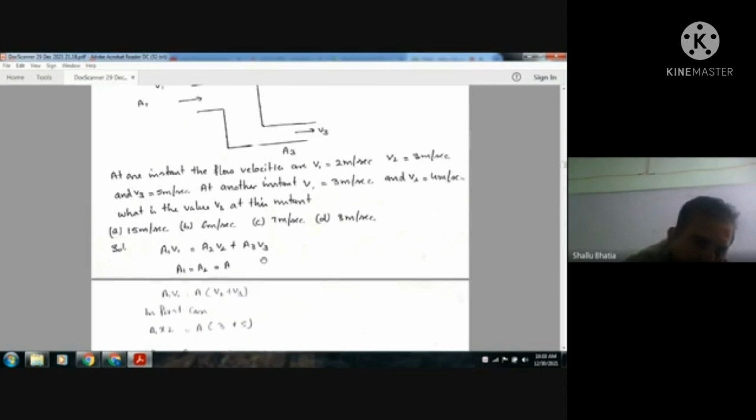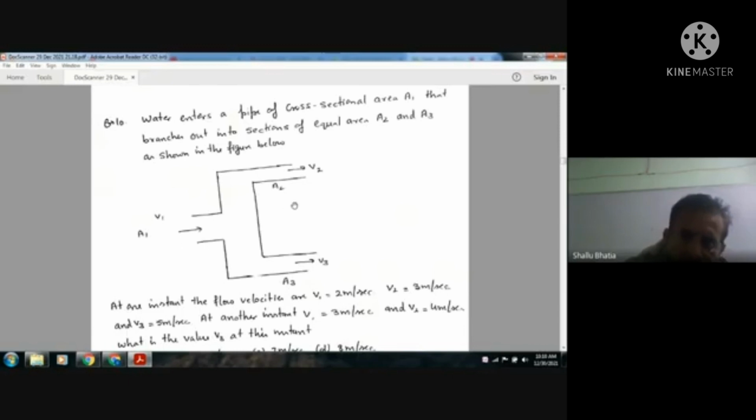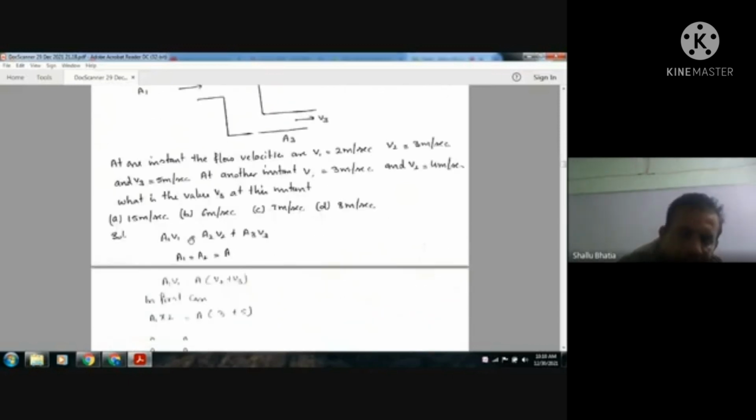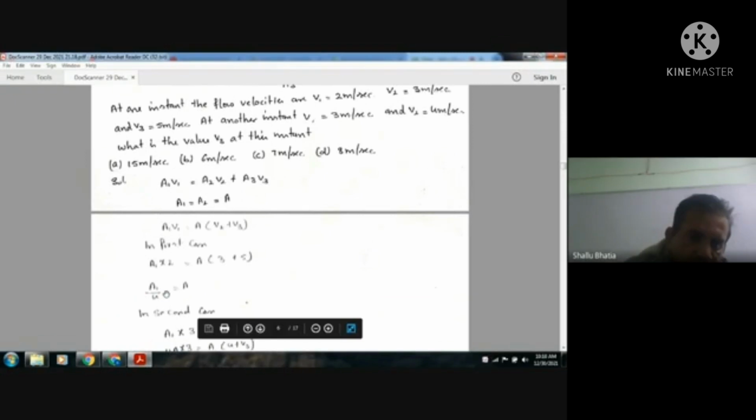The given areas A2 and A3 are equal, but not equal to A1, so let each be A. So A1 V1 is A V2 plus A V3. Putting the values of V1, V2 and V3, that is 2, 3 and 5, we have A1 times 2 equals A times 8, so A will be equal to A1 by 4.